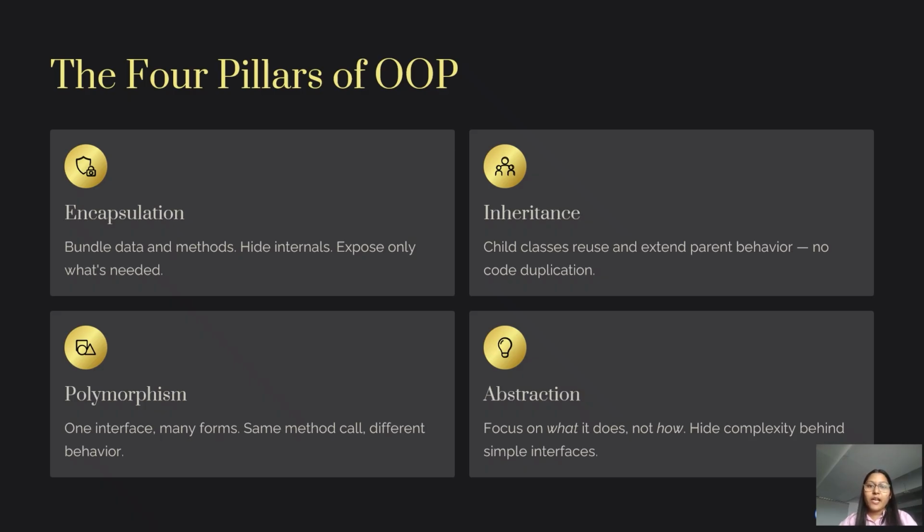For example, a driver will only know how to use the steering in the car, but he will not know how the steering is internally working, right? So that process is called abstraction.